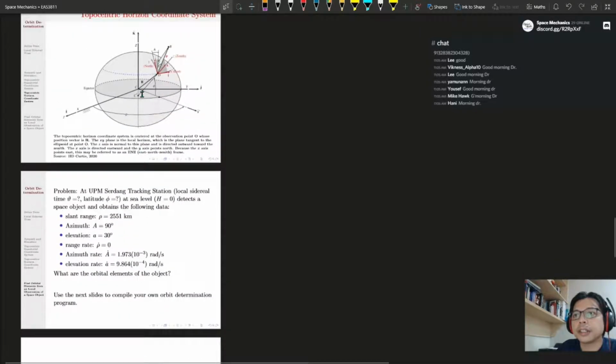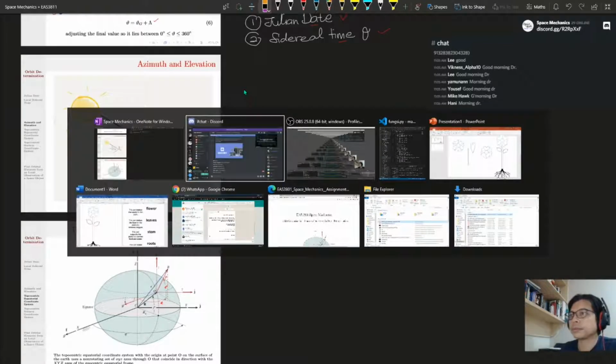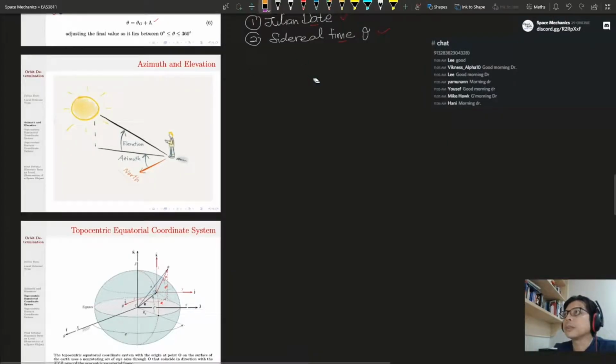So for position, we are going to use two angles. One is called the azimuth angle, denoted by the letter A, and the other one is denoted by small a, not to be confused with the semi-major axis.